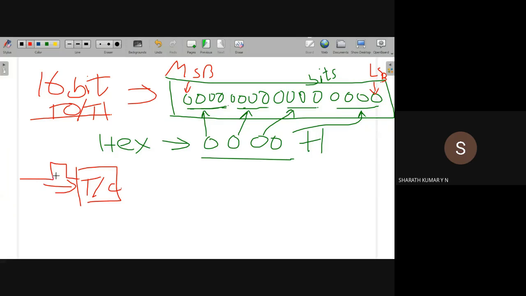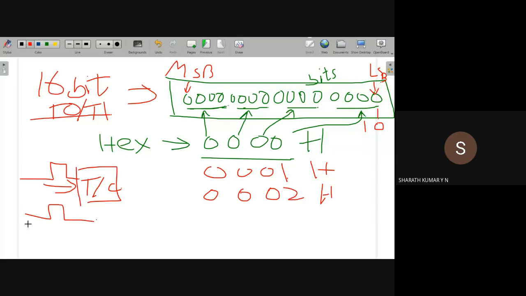On the first clock pulse, the count becomes 1, which in hexadecimal is 0001. On the second clock pulse, the count becomes 10, which is 0002 in hexadecimal. On the next clock pulse it becomes 11, all other bits are 0, so in hexadecimal the count becomes 0003.